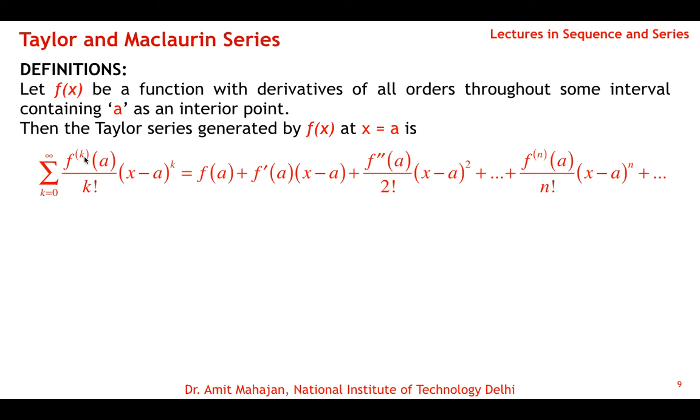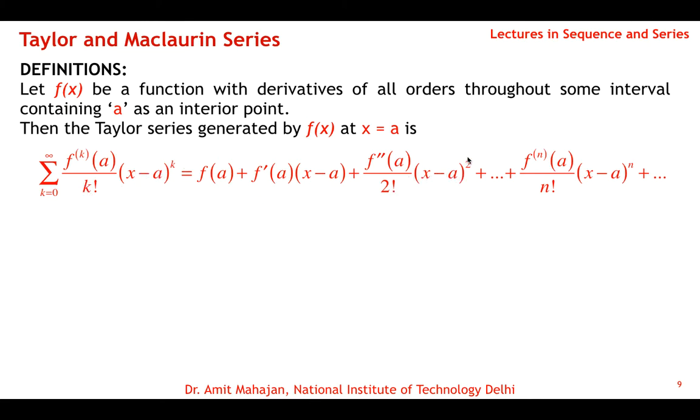If we put k equal to 0, 1, 2 and so on, this can be written as an infinite power series: the function value at a, plus when k is 1, the first derivative at the point a times (x minus a) divided by 1 factorial, which is 1, plus when k is 2, the second derivative of the function at a divided by 2 factorial times (x minus a) squared.